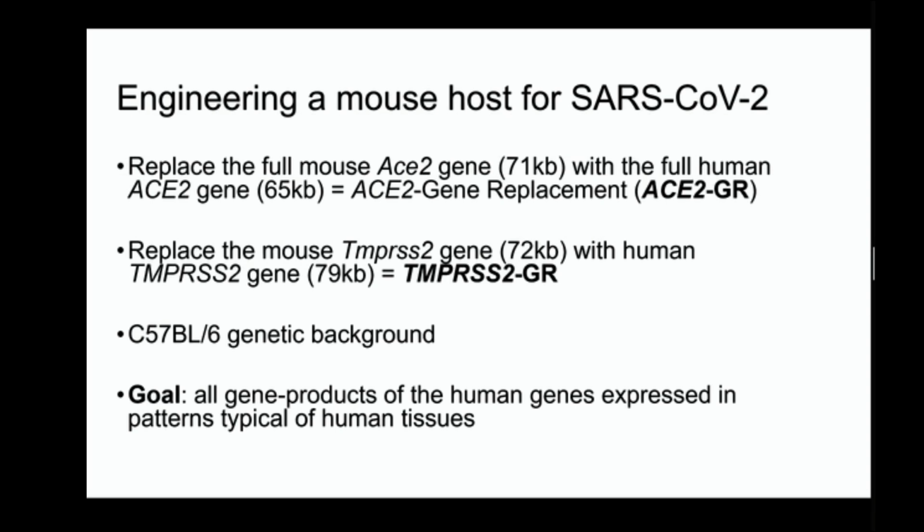We're able to get infection with the mouse gene, but our feeling was that we would get a more accurate modeling of human disease if we used the human modifier as well. These will all be on the C57 Black 6 background, just to make it uniform. And the goal then was to make all of these gene products from human genes, express them in the pattern typical for the human gene.